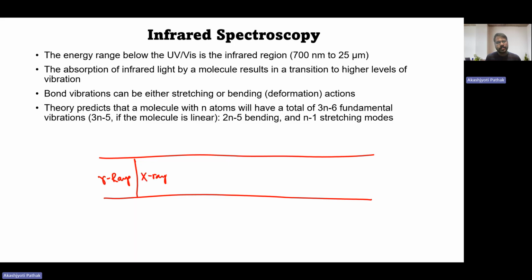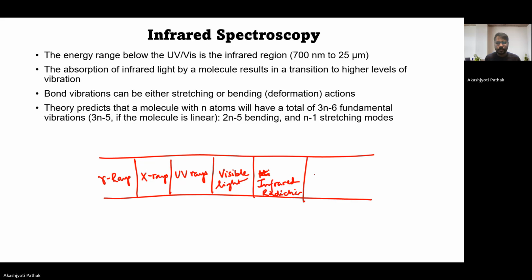Gamma rays, X-rays, then UV rays, then visible light, then infrared radiation, then the microwaves, and then the radio waves.